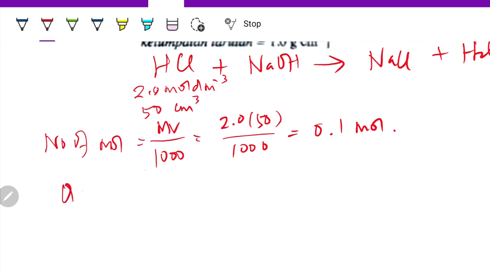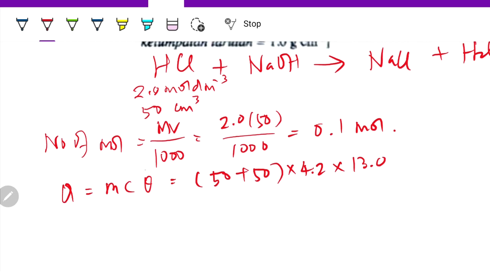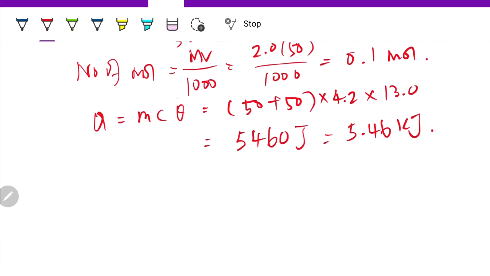After that, Q equals mc theta. The m is both solutions, 50 plus 50. C is 4.2. Theta is 13. Using our calculator, it is roughly 5460 joule or 5.46 kilojoule. This is Q. Then we can calculate the delta H, Q over the mole.